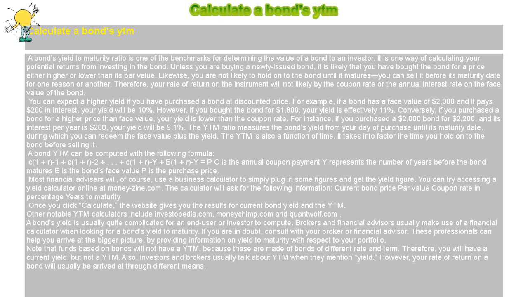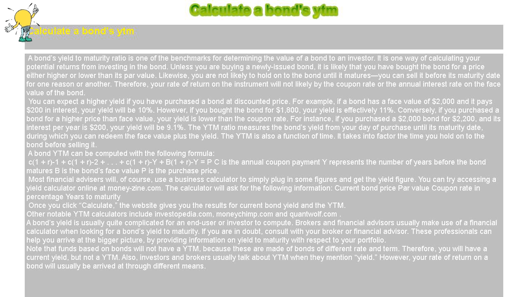A bond's YTM can be computed with the following formula: C/(1+R)^1 + C/(1+R)^2 + C/(1+R)^Y + B/(1+R)^Y = P. C is the annual coupon payment. Y represents the number of years before the bond matures. B is the bond's face value. P is the purchase price.